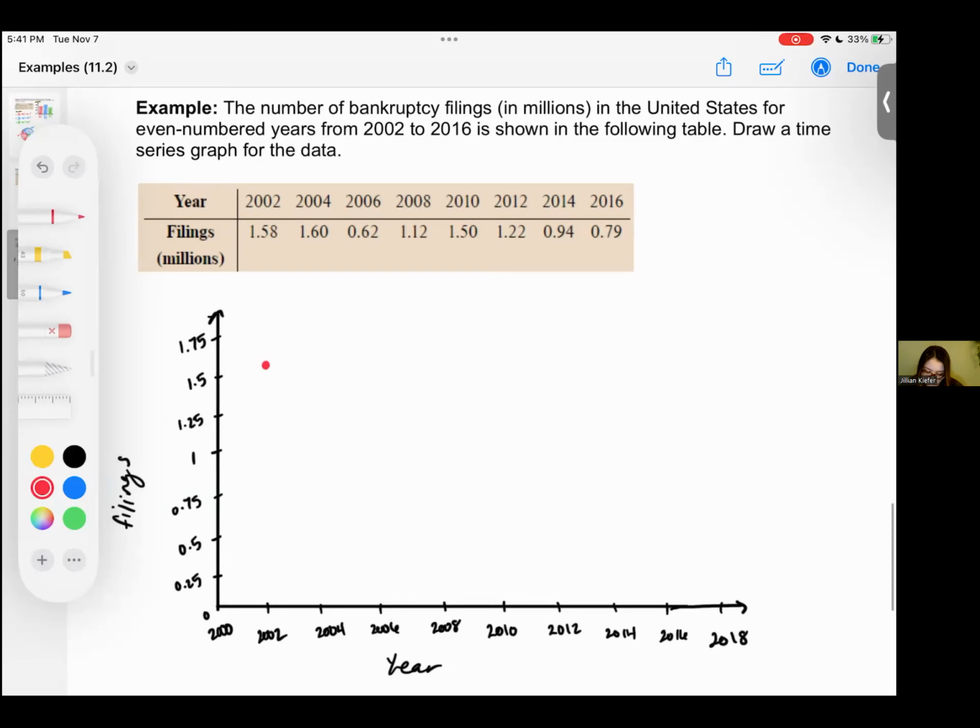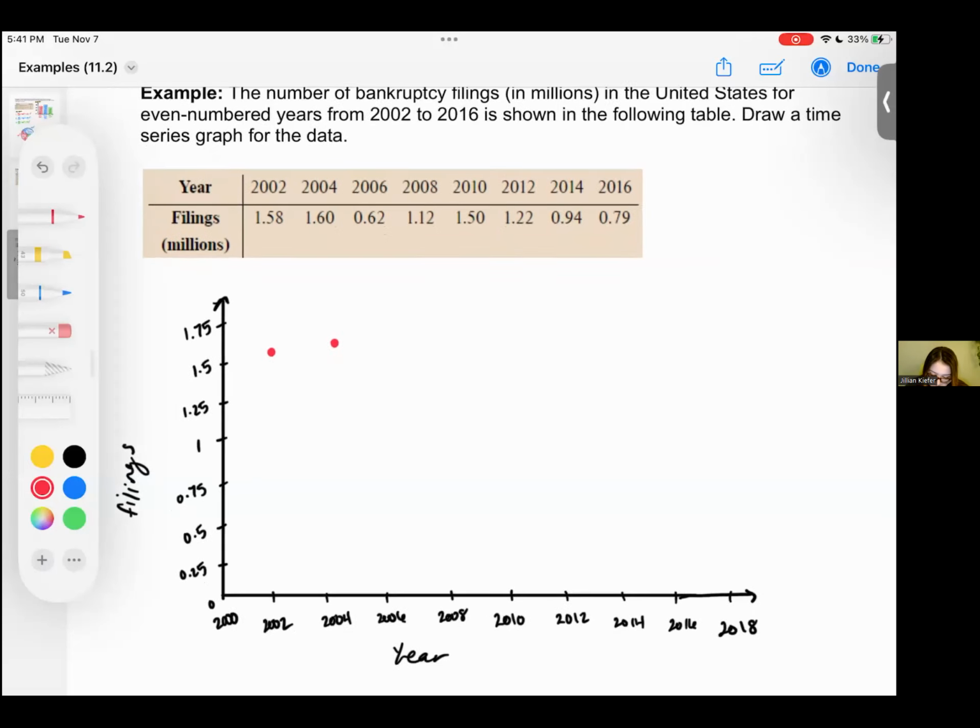Then in 2006, we dip down to our lowest value, 0.62. This will be probably about halfway between 0.5 and 0.75, so probably right around here.